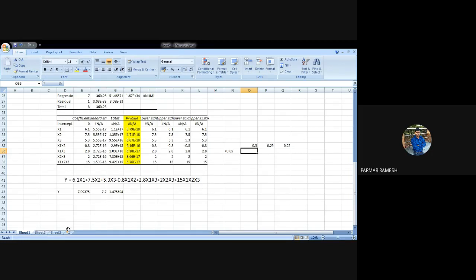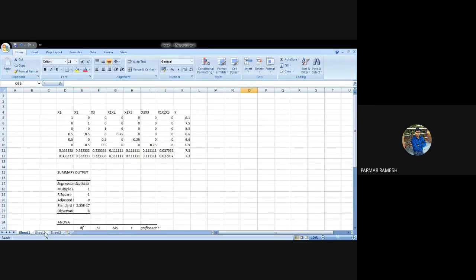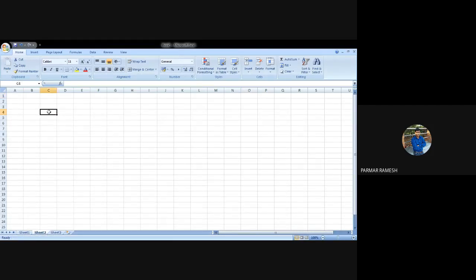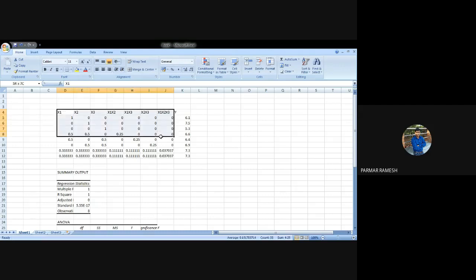So let us now analyze one factorial design. Okay, x1, x2, and x3, and x1, x2. Let me copy it.